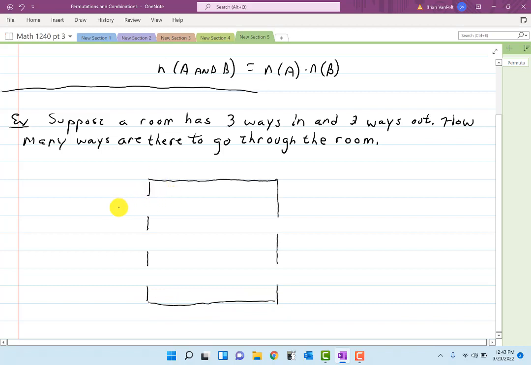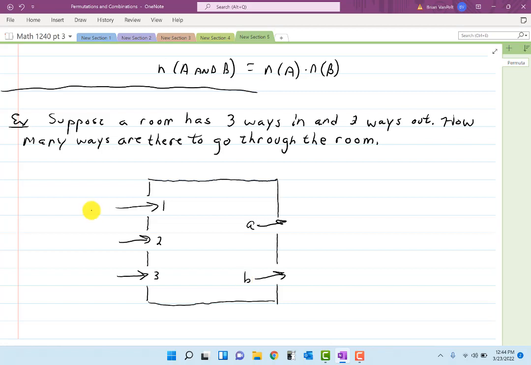So what I have here is a way in here, a way in here, and a way in here, and then I have a way out here and a way out here. So let's number these ways in and out. I'm going to call this 1, 2, and 3, and so as not to confuse us, I'm going to use different things for the out. So we're going in and out. How many ways to do it?